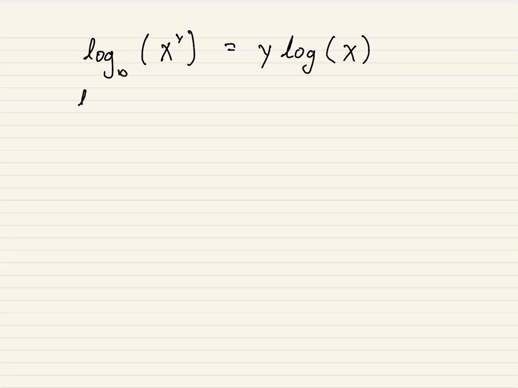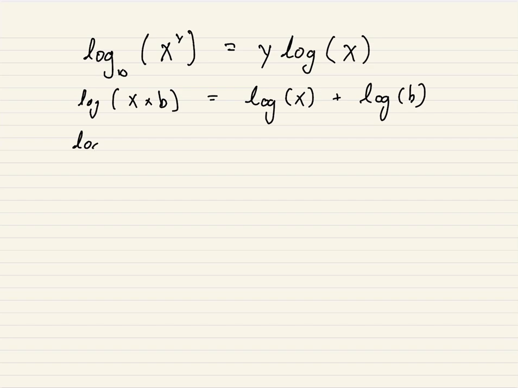The logarithm of x times b is equal to the logarithm of x plus the logarithm of b. And the logarithm of x over a is equal to the logarithm of x minus the logarithm of a. Those are just some basic logarithmic identities.